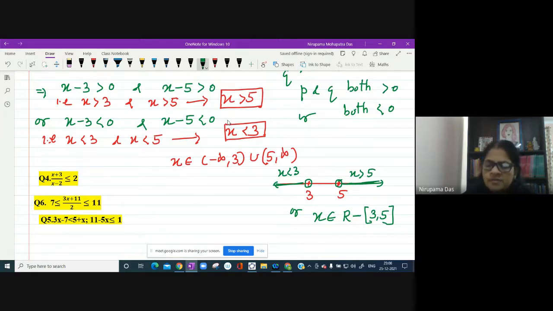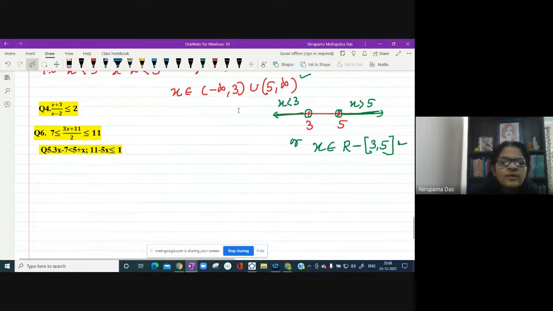Both the cases means if it is in the solution, obviously it will not be in the complement. So our difference means it is in the real number set but not in [3, 5]. Okay, so this is the representation on the number line. In interval form, you may write like this or you may write like this. Okay, let us go to the next question.